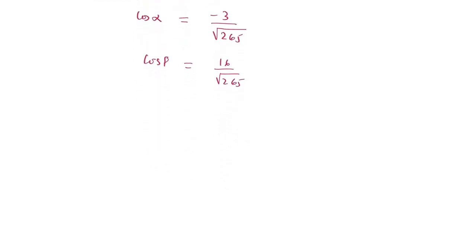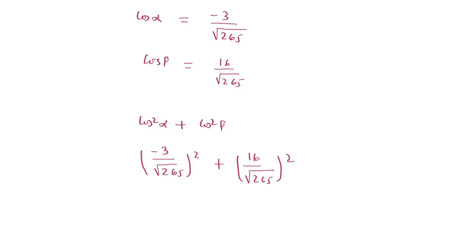Now let us show that the sum of the squares of these directional cosines is 1. We take cos squared alpha plus cos squared beta, and substituting the values we have, we get negative 3 over under root 265, squared, plus 16 over under root 265, squared, which, solving the values, gives 1.